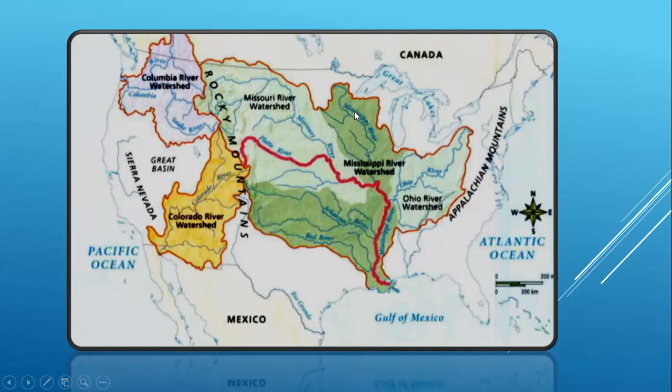So the river here is getting the water from here and from here. That's the Mississippi watershed, and also that's the Ohio River, guys, as you can see. On the other side, the watershed collects the water from here and here and gives it to the river. Colorado and Columbia are also the same, and we will cover all of that, guys, in America.